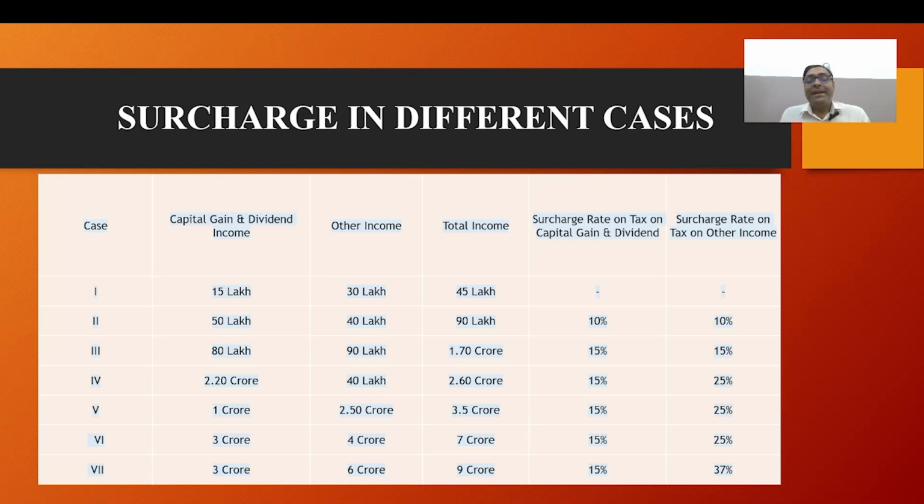If income is 90 lakh, it is 10%, and for less than 1 crore up to more, it is 15%, which differs for dividends and surcharge on total income. Dividend is at 15%, but other income increases to 25%, and above 9 crore, total income is 37%.